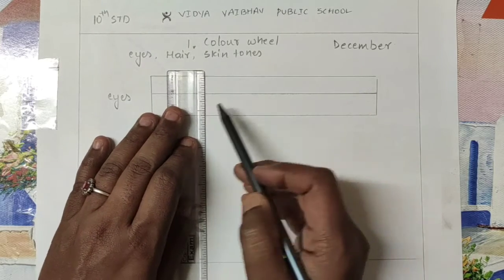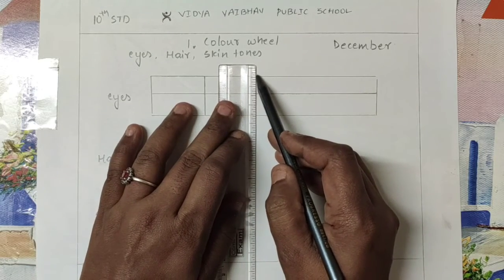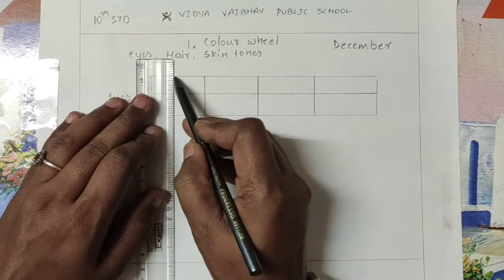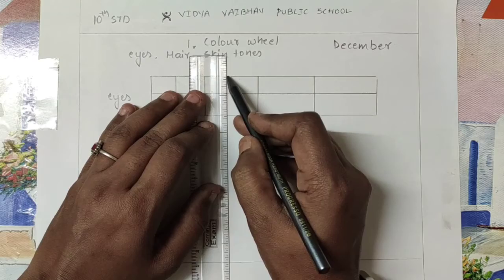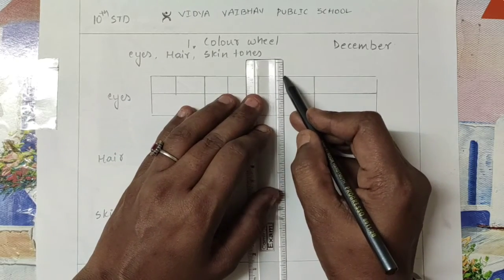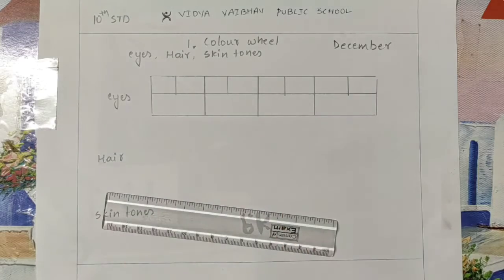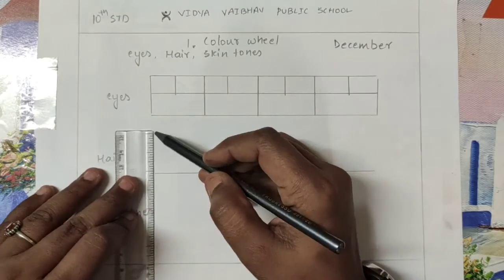Here you should divide into 4. Then only the top of the row you should divide into 2. The same table you should repeat for hair and skin tones.